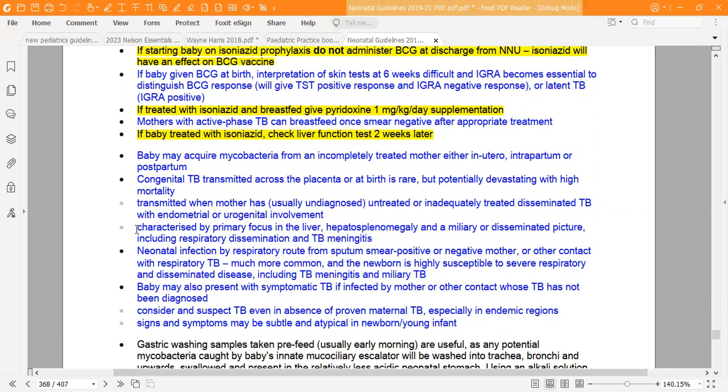So this is the clinical picture of TB transmitted from mom: primary focus in the liver, hepatosplenomegaly, miliary or disseminated picture, respiratory dissemination, and TB meningitis.